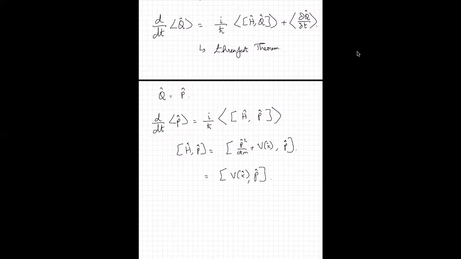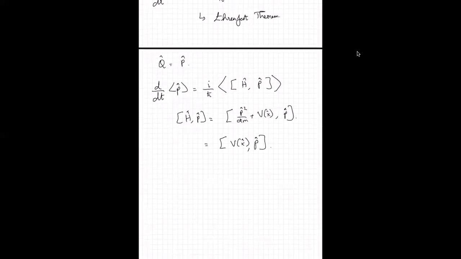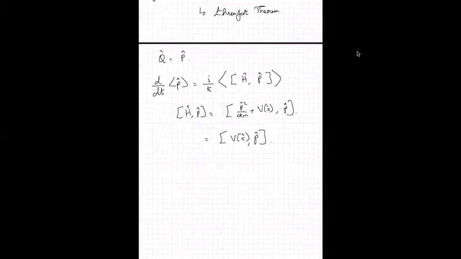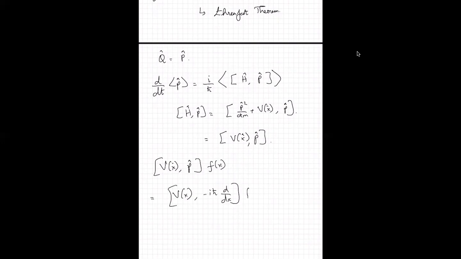Now, how do you compute this? Well, let's go ahead and compute this. To understand what this commutator is, let us act it on some test function, using the x representation. So I will use minus i h bar d/dx for p, and act it on some test function f. This is equal to V of x times minus i h bar d/dx, commutator with x.